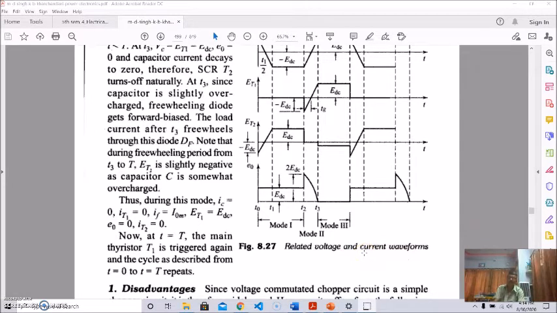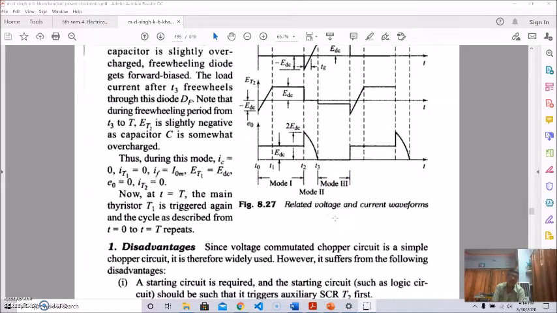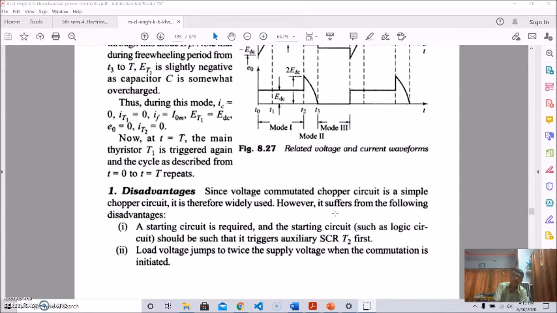After T3, at T equal to T4, that is T equal to capital T, the entire time period of operation from mode 1 to mode 3 is complete, and the process repeats again. So this is the voltage commutated chopper.